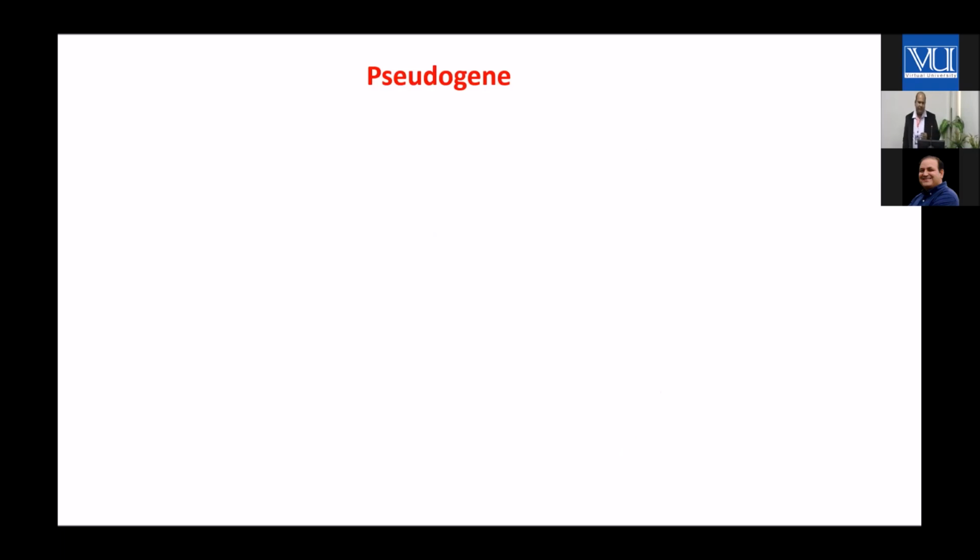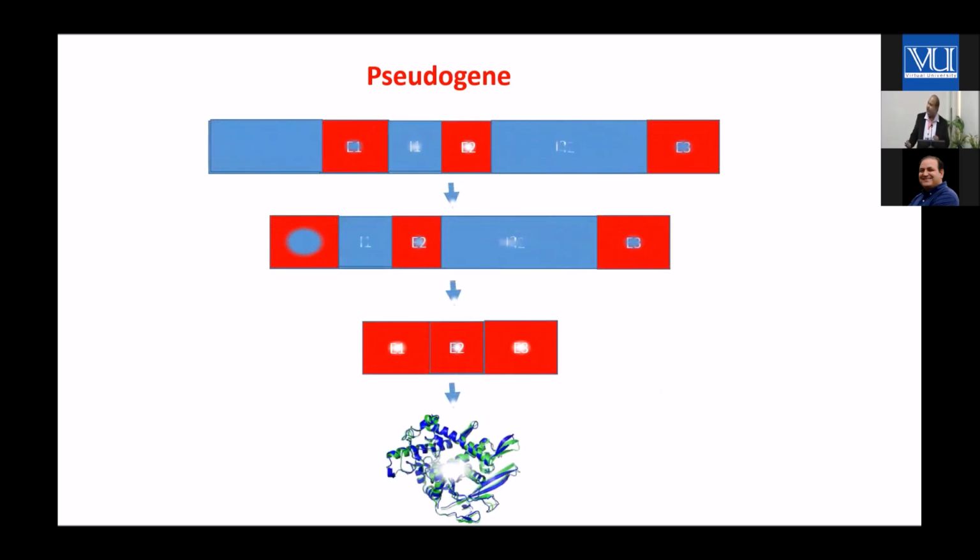Pseudogenes. Pseudogenes are relics of the ancient genome, I would say. Again, if you see this process starting from the gene leading to the protein, there comes in pseudogenes what happens there.